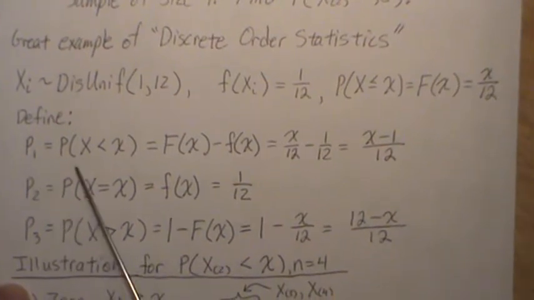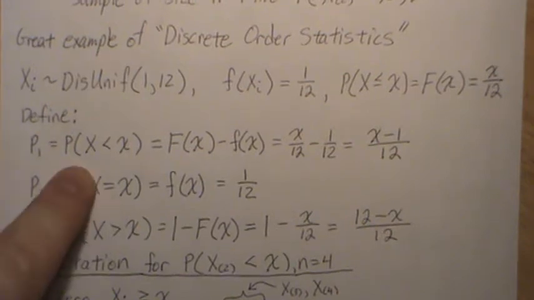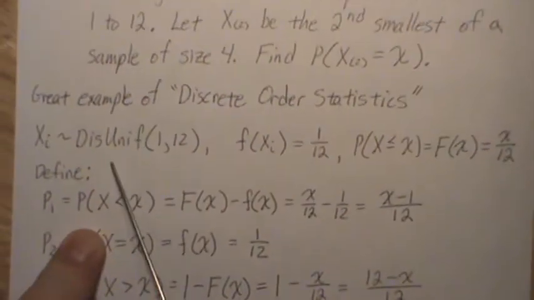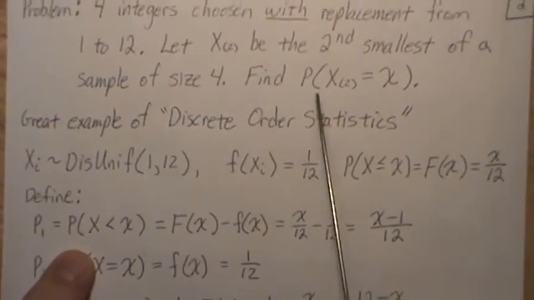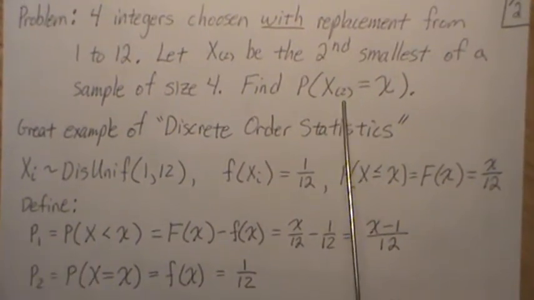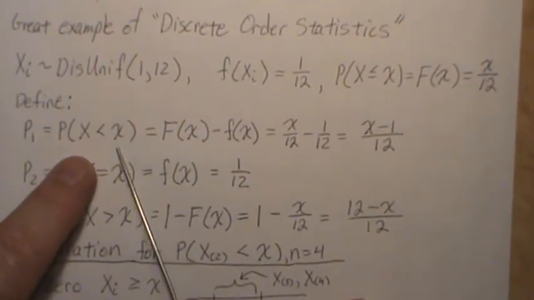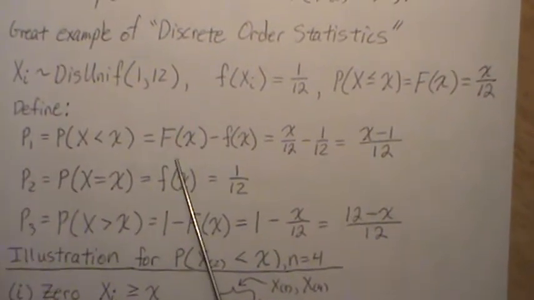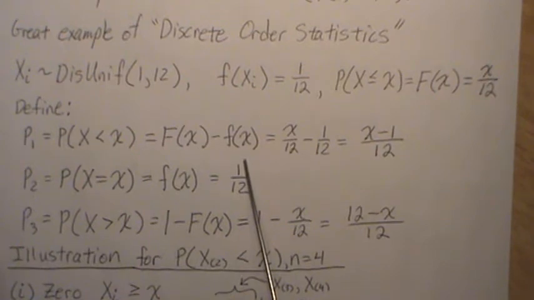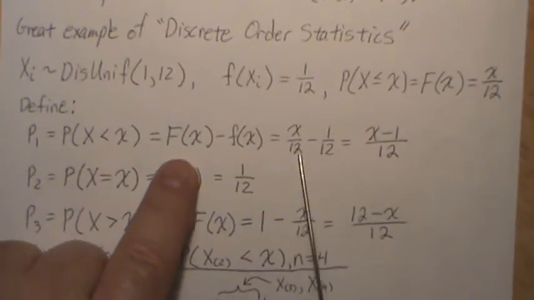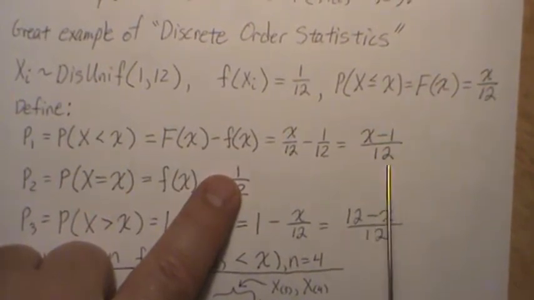We're going to let P1 equal the probability that X, which is from our discrete uniform and doesn't have to do with the second smallest just yet, is strictly less than x. That is capital F minus little f of x, which is x over 12 minus 1 over 12, or x minus 1 over 12.